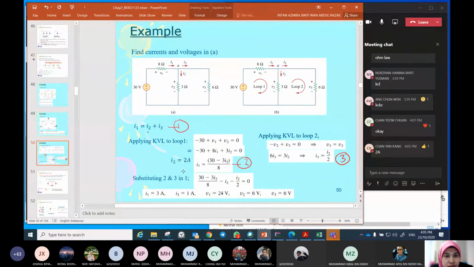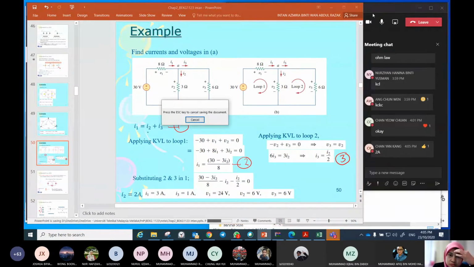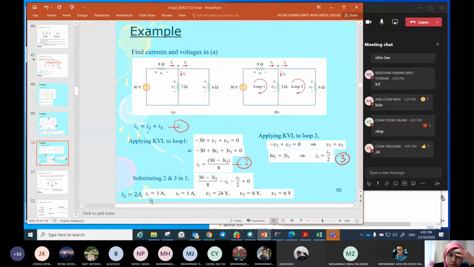How about other student? Got the same answer? Okay, and then I1 is equal to this and this.